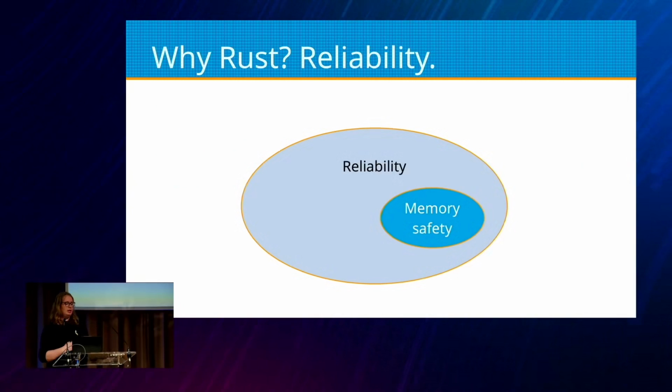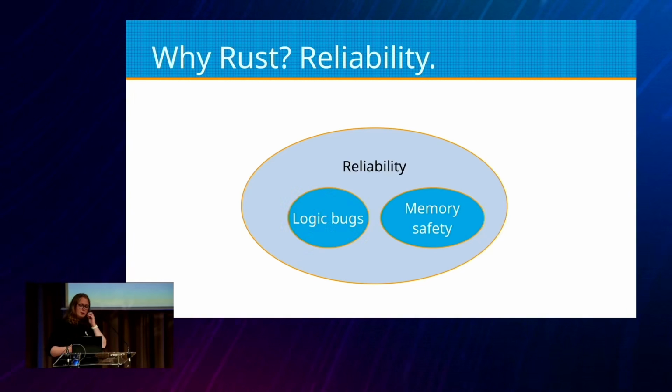But I think what's more interesting is this question of reliability. Lots of you have probably already heard lots of people talking about memory safety. But one of the things I want to point out is that memory safety is a big part of Rust, but it's not actually the only thing you get.